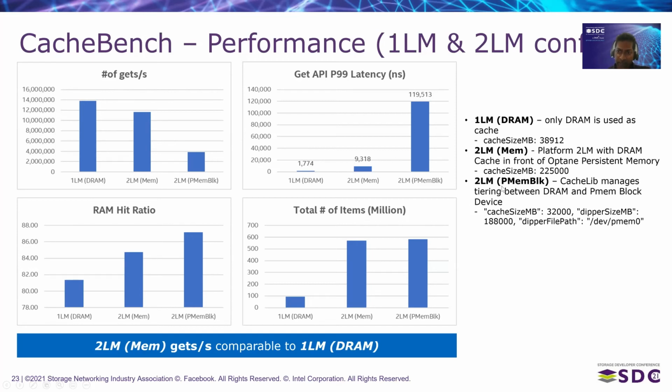So we do get the 2LM functionality out of CacheLib. However, it is slower compared to native platform 2LM, which manages the tiering transparently via platform caching. And then 1LM is purely your baseline from a performance perspective. So we should expect 1LM to give the best possible performance, which is what you see in the first graph, number of gets per second.